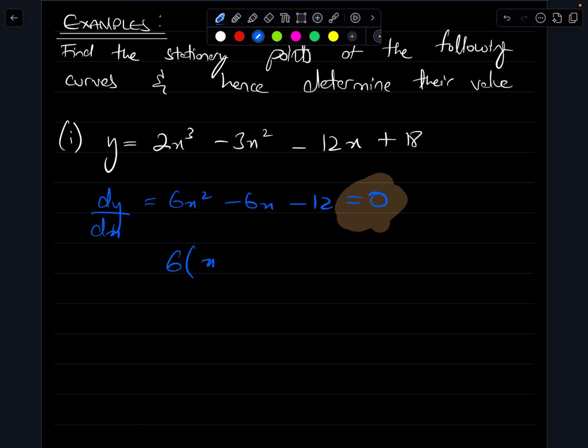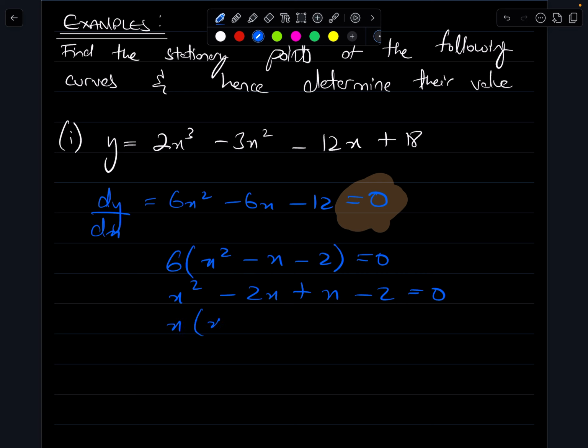Now, taking 6 common to simplify the quadratic, this is what I have. And then x squared minus 2x plus x minus 2, breaking the middle term, that is, I can solve this.